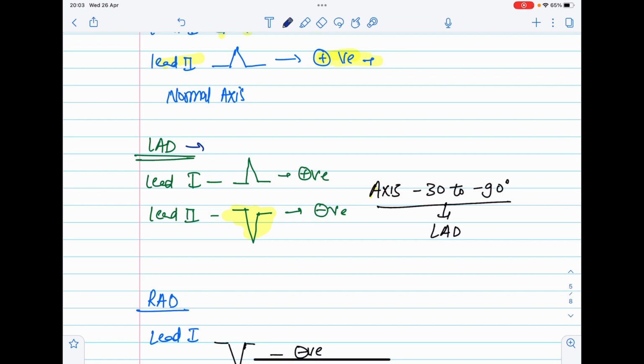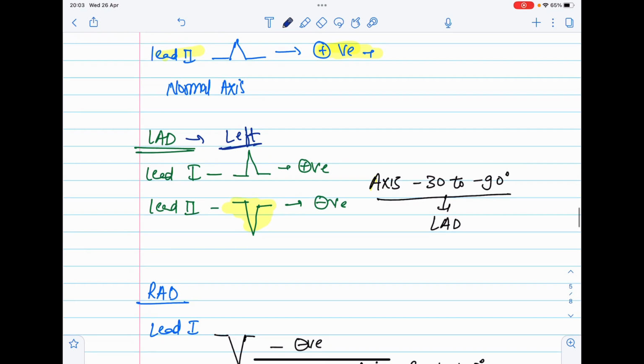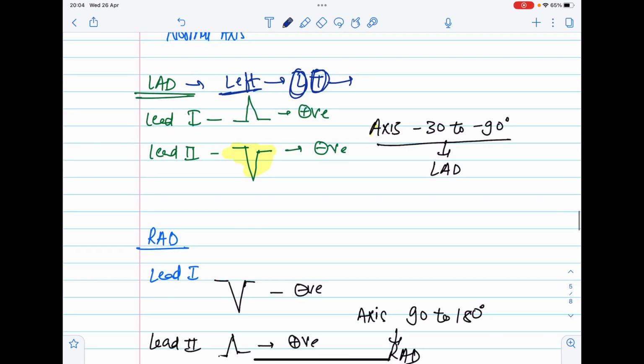In left axis deviation, just go for lead 2. So in left axis deviation, lead 1 should be positive and lead 2 will be negative. By seeing it only, you will say that it is left axis deviation.